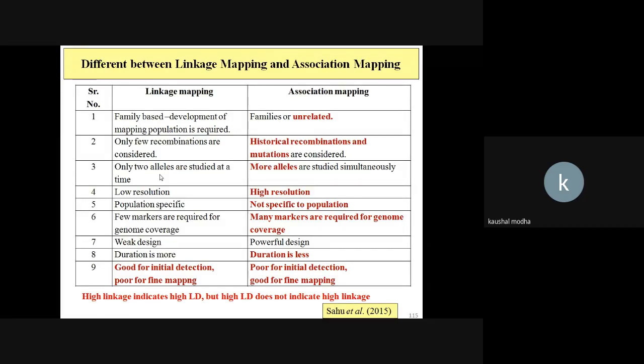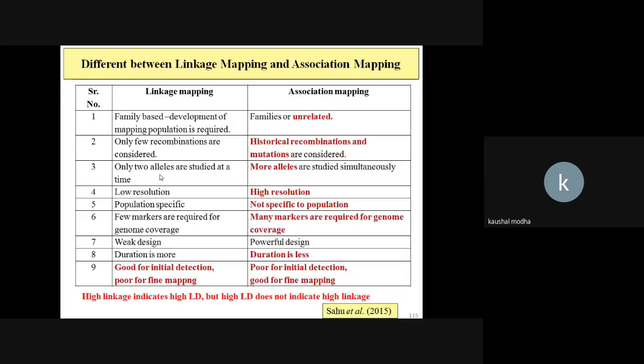The results of linkage mapping are limited to a specific population. It is applicable to one population only. If you apply the marker trait relationship established from a particular population to another population, it may not work because in the other population the allelic constitution might be different. So most of the time, the marker trait relationship obtained from linkage mapping is validated in germplasm lines or a diverse population.